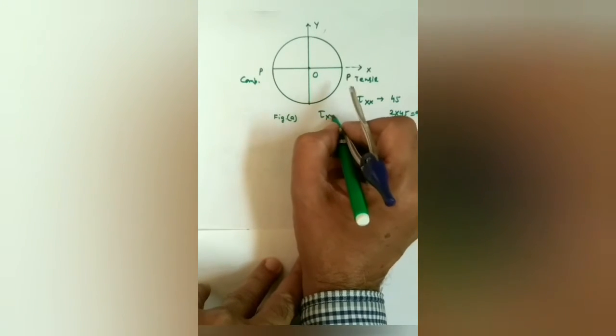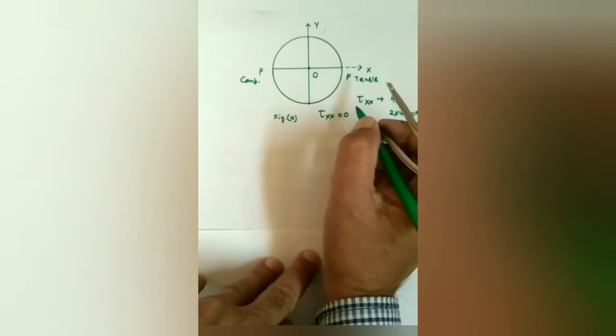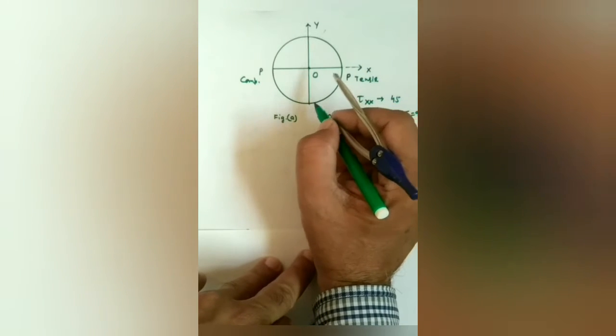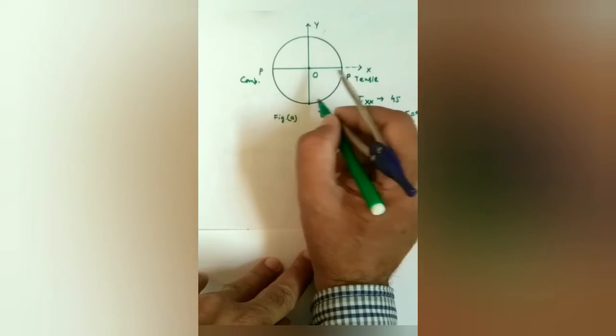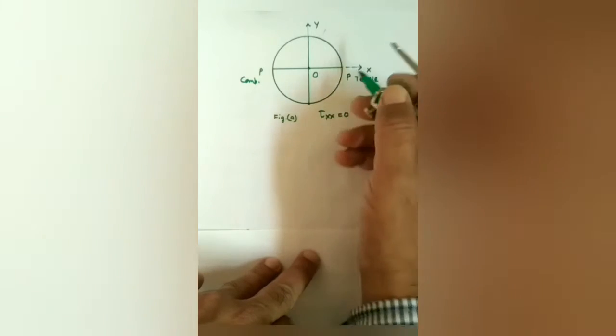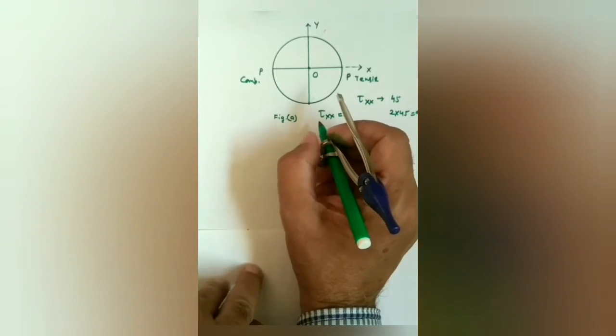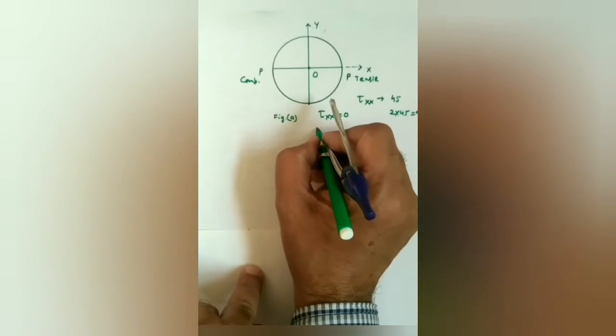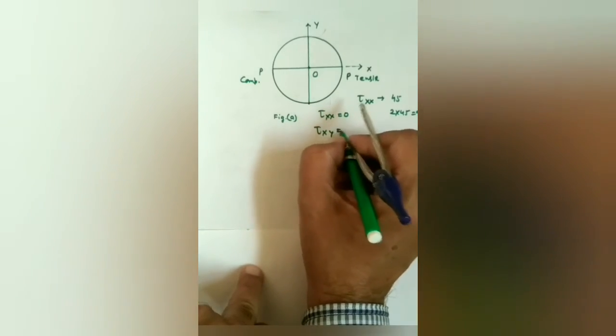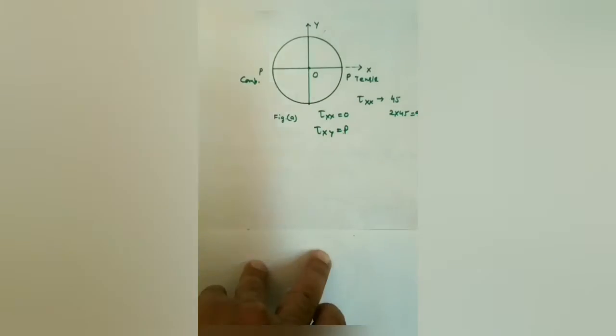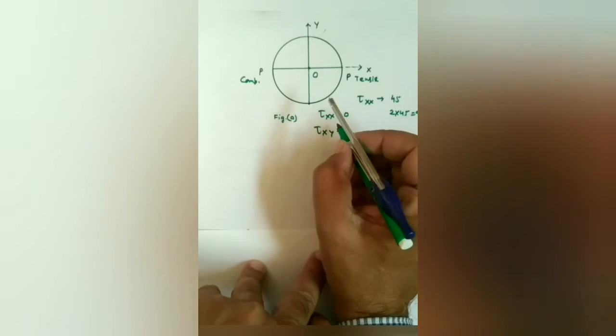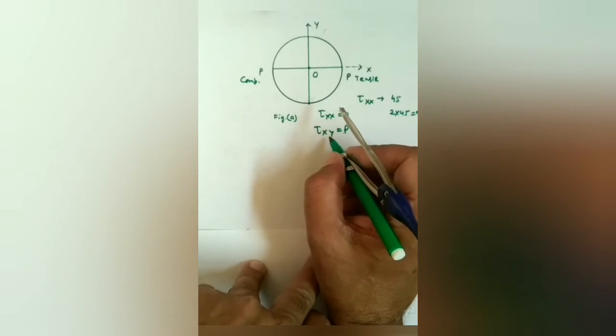So sigma xx will be 0, and tau xy would be the maximum stress, which is the radius of the circle, which is nothing but P. So we have found out sigma xx and tau xy.